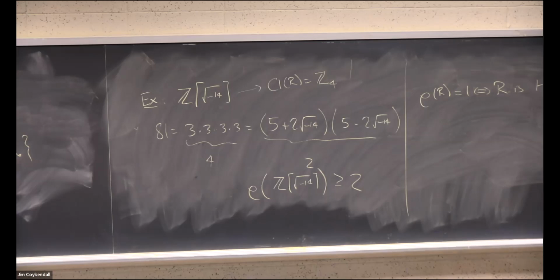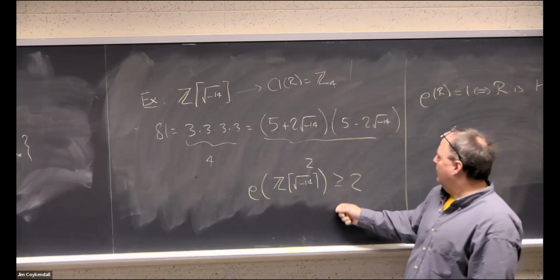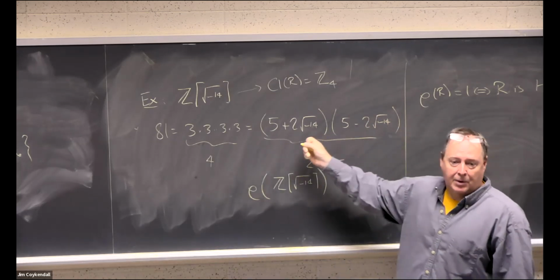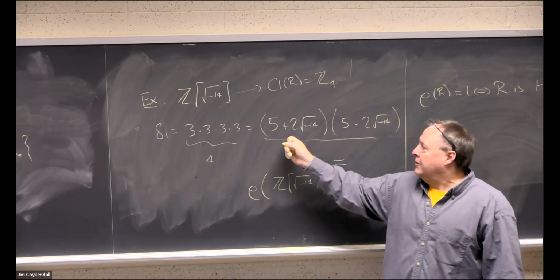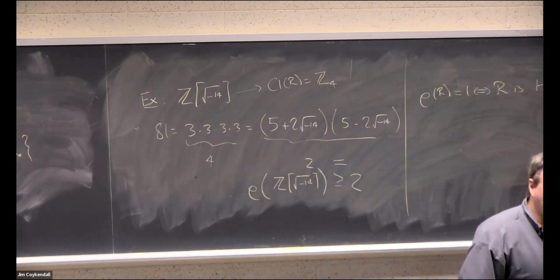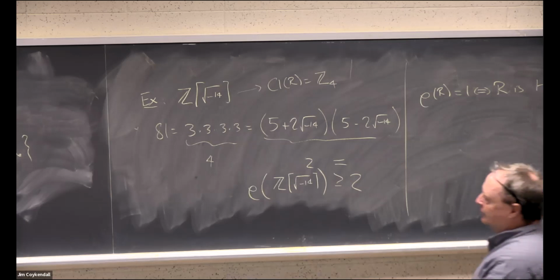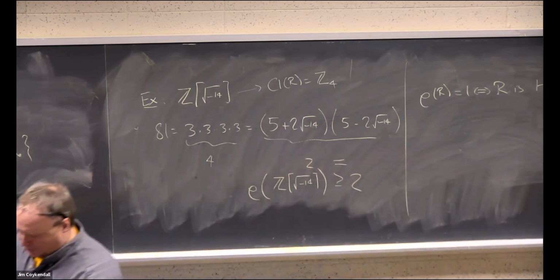So this has to have elasticity 2. This is in fact an equality, and this actually gives an example. In fact this proof will show that not only is the elasticity of these rings equal to this number, but the elasticity is actually attained, right? Because notice that the elasticity of R is a supremum, so there's no guarantee that there will be an element in there that actually attains that supremum. But for this, it's true.